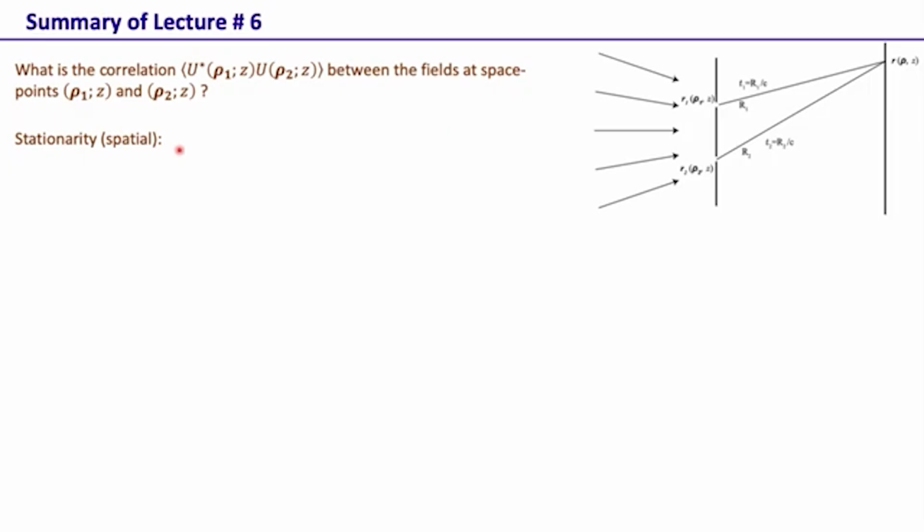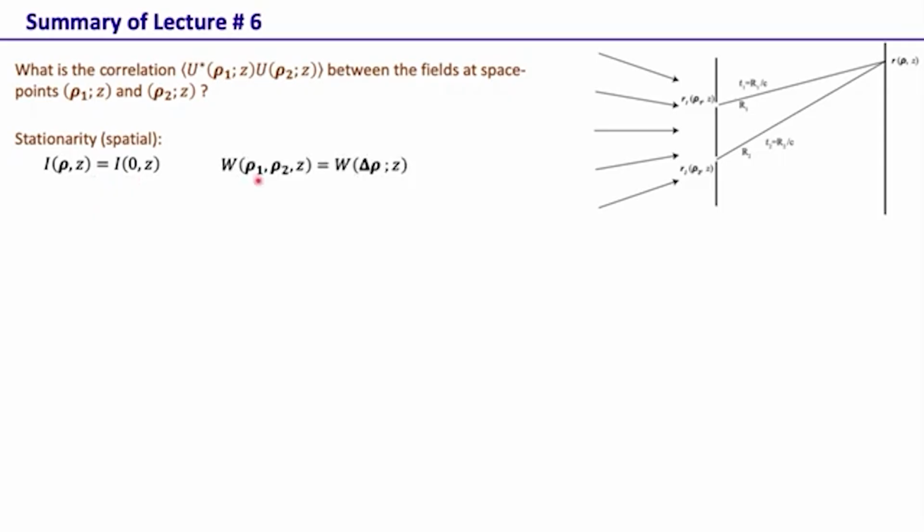But usually we mean it in the sense of wide sense stationary, in which case it is just the mean and the second order correlation function that have to be independent of the space origin. So for wide sense stationarity, the intensity should be independent of the space origin, meaning intensity at rho should be the same as intensity at the origin. So intensity should be space independent.